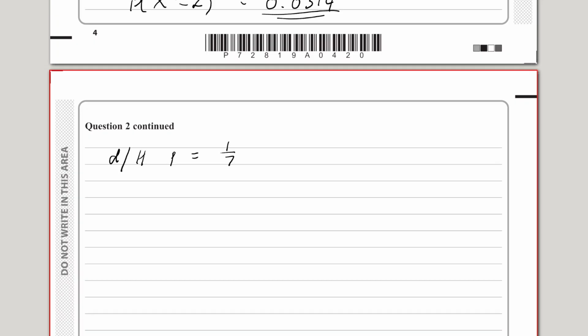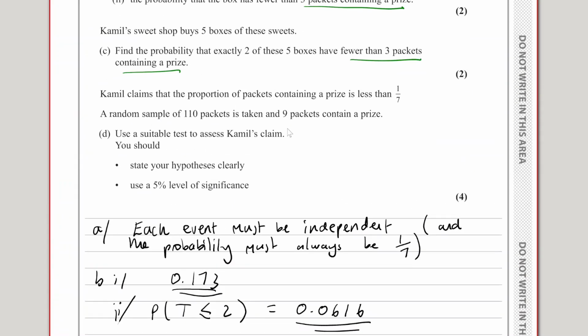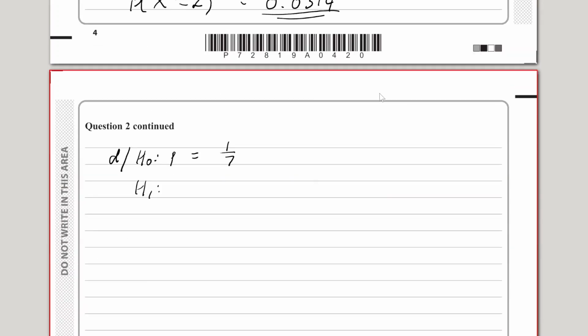That's our null hypothesis. Our alternative hypothesis is he thinks it's less than 1/7. So the alternative hypothesis is what the person thinks, what we're testing. So less than 1/7.